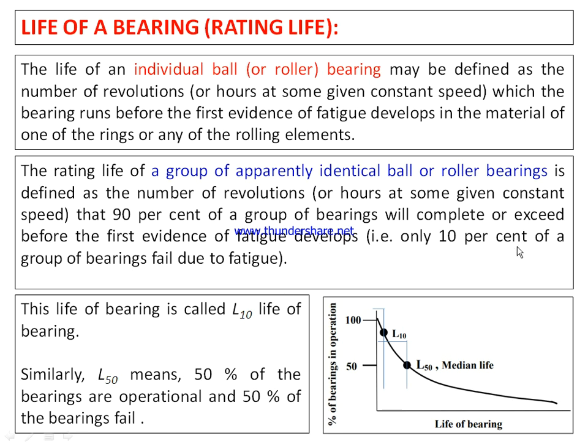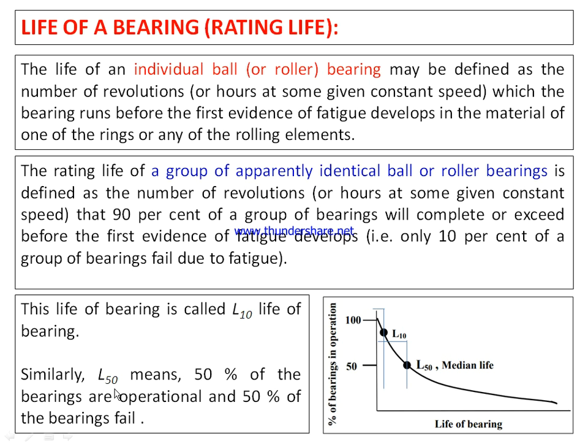That means only 10% of a group of bearings fail due to fatigue and 90% will succeed in reaching that life, in terms of revolutions or in terms of hours. Now this life of bearing is called the L10 life of bearing.